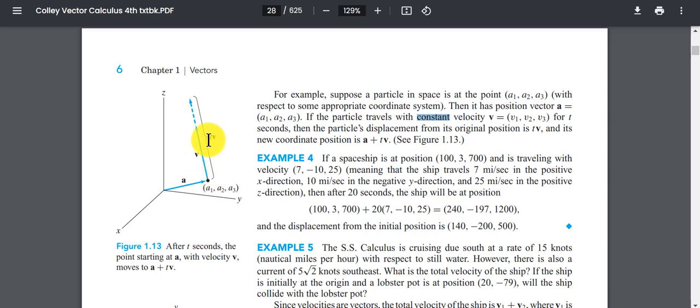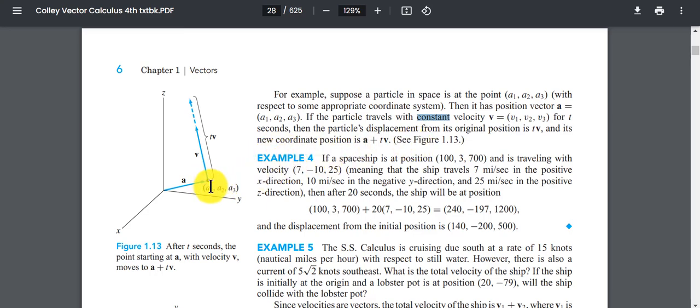We add t times the velocity vector because we want to let it depend on t. So we get a plus tv, which is what we have here. Then the particle's displacement from its original position is tv, and its new coordinate position is a plus tv.